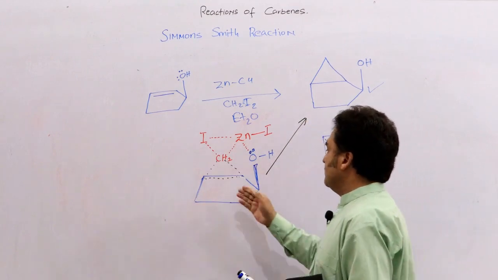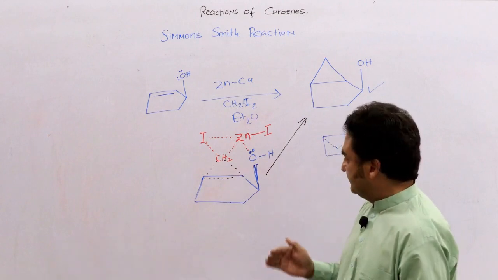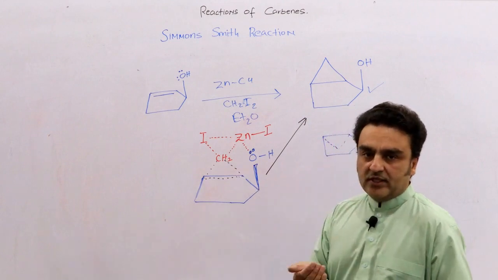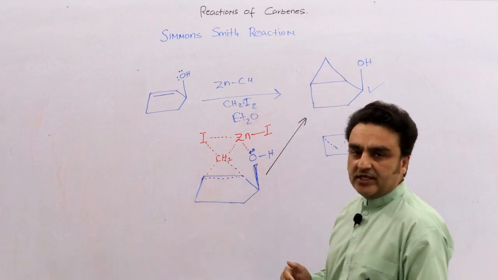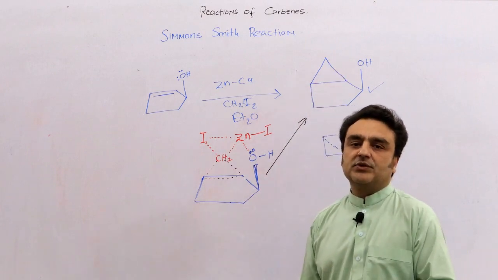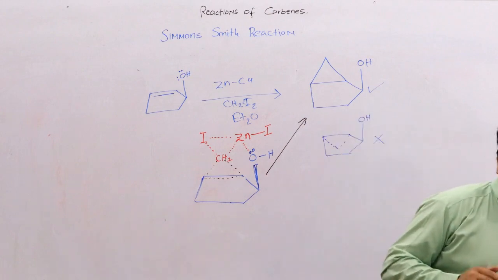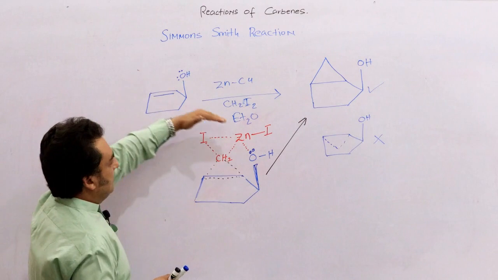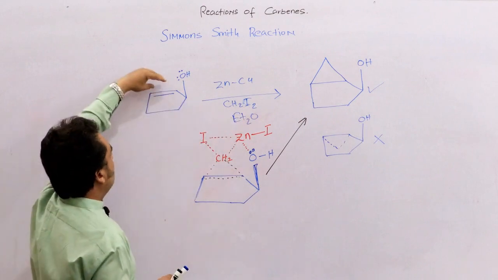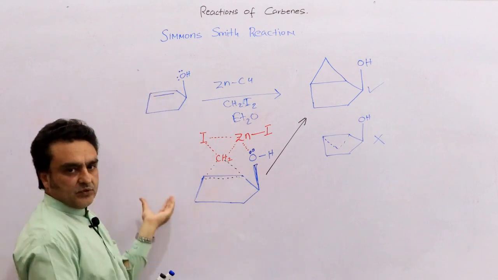So this is the beauty of the Simmons-Smith reaction, that you can have controlled stereochemistry; it will give good stereoselectivity and regioselectivity, in the sense that the cyclopropane will be formed on the above region, not on the below region.